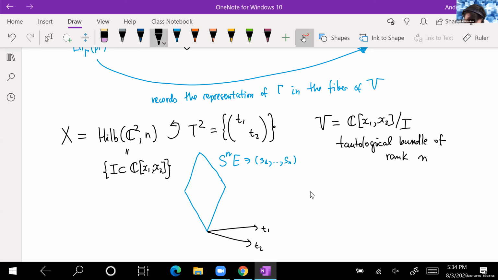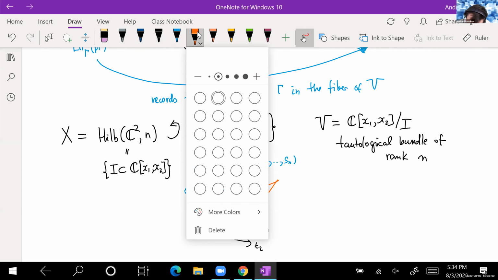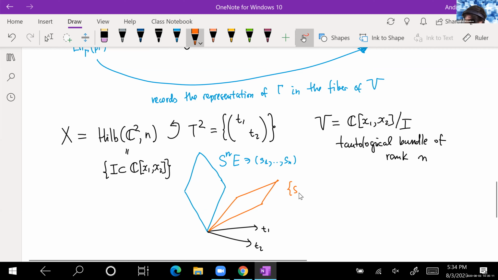And then each fixed point will be a copy of that, where the set of this Si, that is the fiber of this bundle over some fixed point, which is a partition.